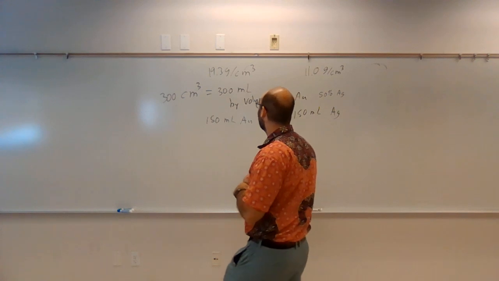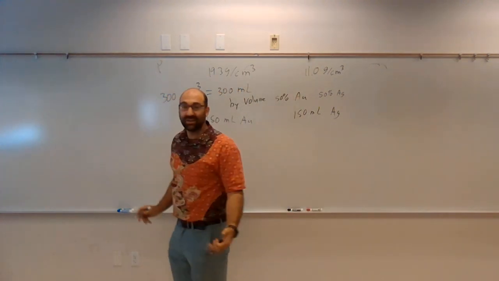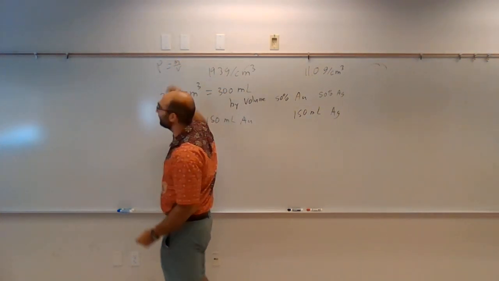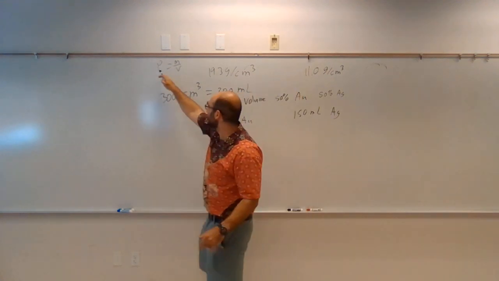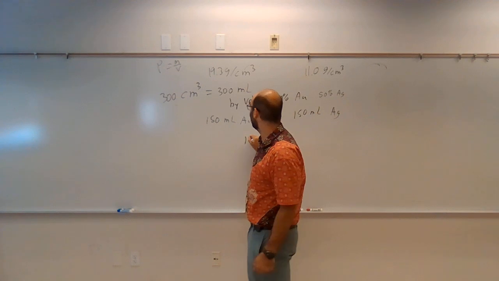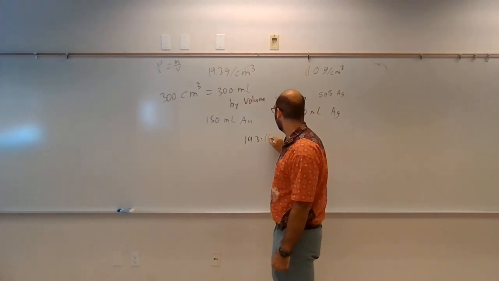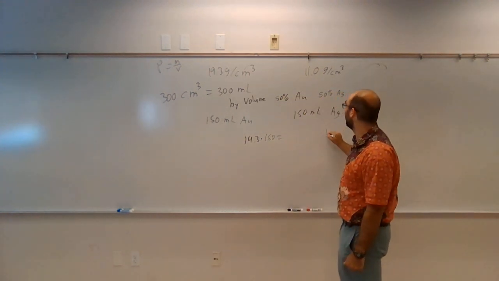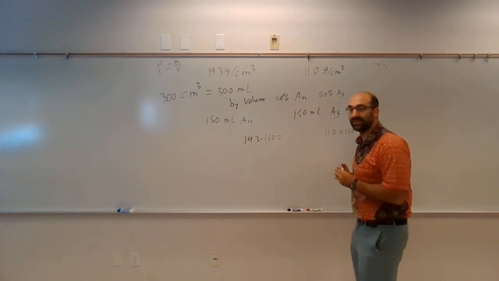So now what I've got is I'm going to say rho. I know it's P, but it's Greek. It's rho equals mass divided by volume. I have density. I have volume. So if I want to find mass, I just multiply them. So it's going to be 19.3 times 150 equals something. And then here it's going to be 11.0 times 150 equals something.